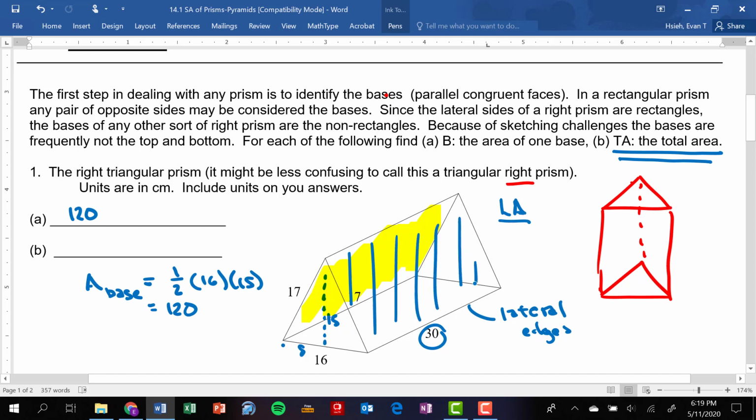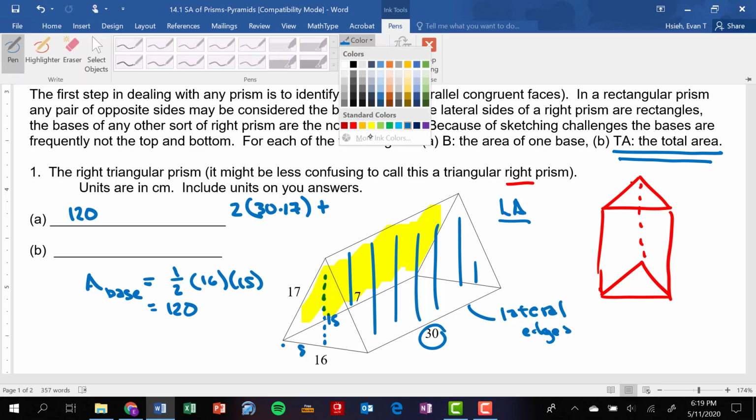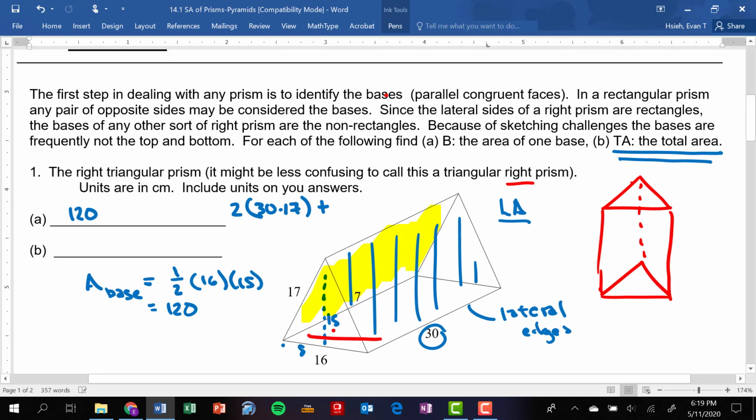Those are going to be both 30 times 17, and there's 2 of those. And we need to add the bottom portion right here. There's a rectangle along the bottom, and that one's going to be 16 times 30. And together, that'll give me the lateral area of the prism.